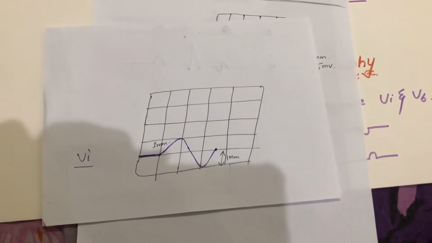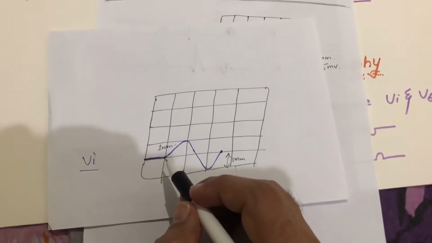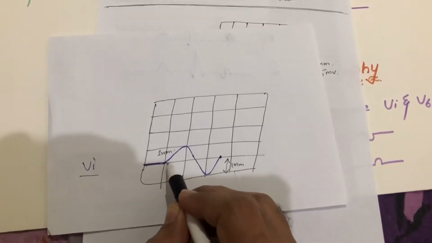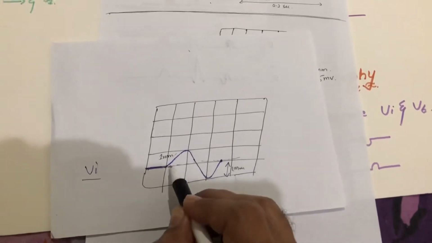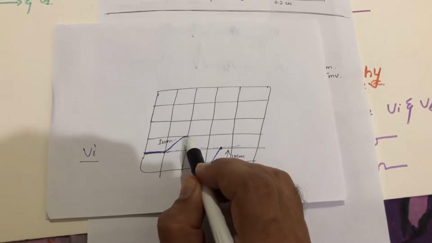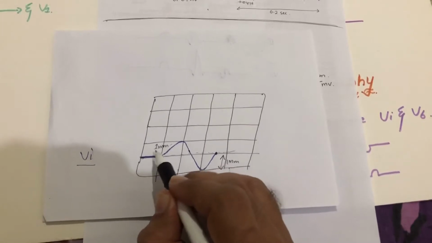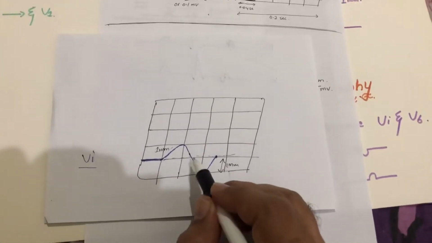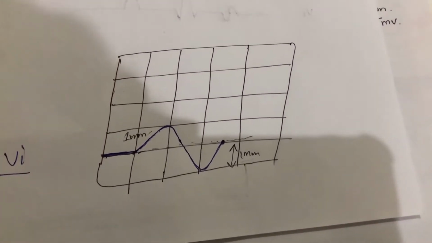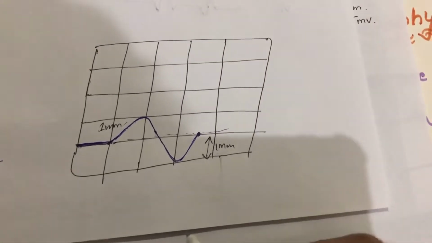Now let's see the P wave in lead V1. We know that in lead V1 the P wave is biphasic, one upward deflection and one downward deflection. This is the baseline. Remember that the upward deflection will be equal to only one small box, and we know that one small box vertically is equal to 1 millimeter or 0.1 millivolt, and the downward deflection will also be one small box, equal to 1 millimeter.